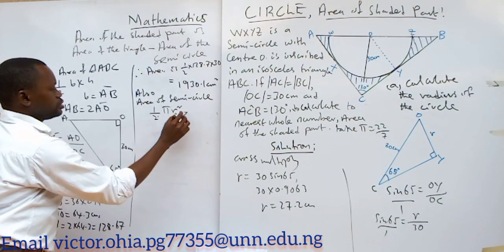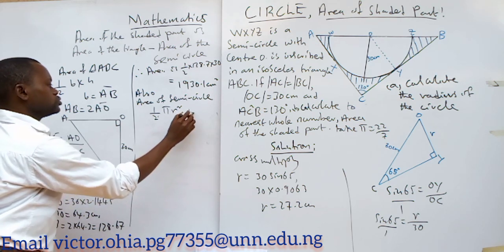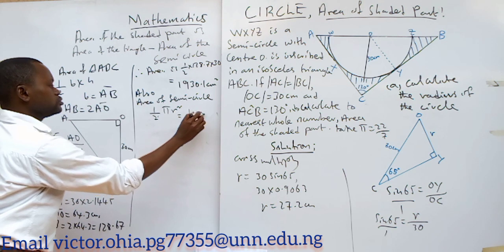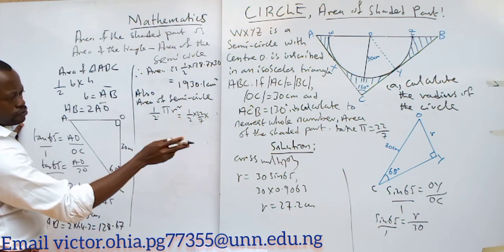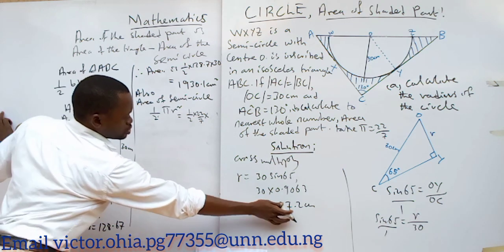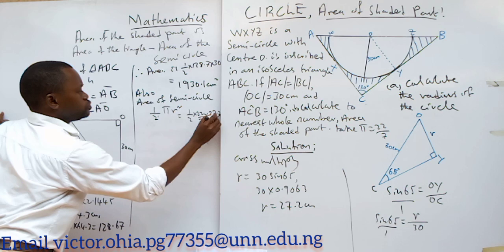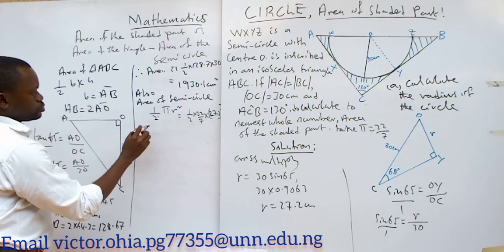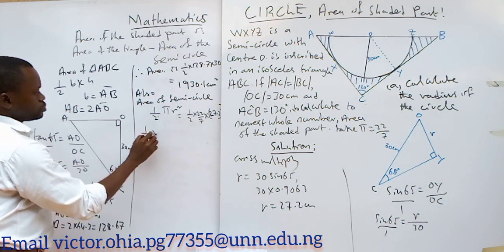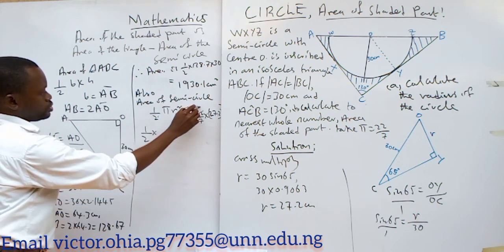And that will give me 1/2 times 22/7, then times the radius we have calculated previously, which is 27.2. So I will have 27.2 all squared. Okay. So that means 1/2 times, let me take away 2 here, take away here, I have 11.